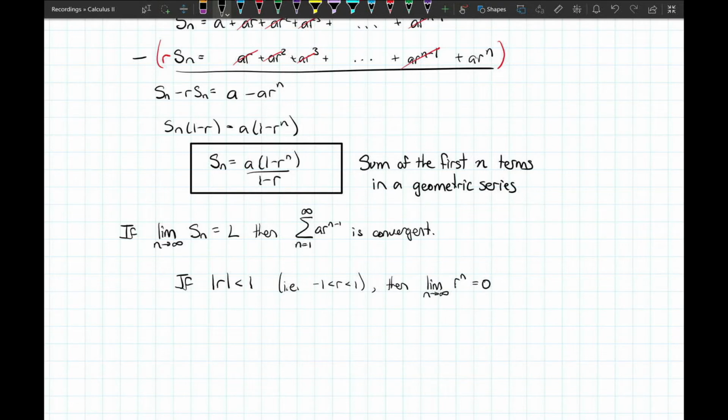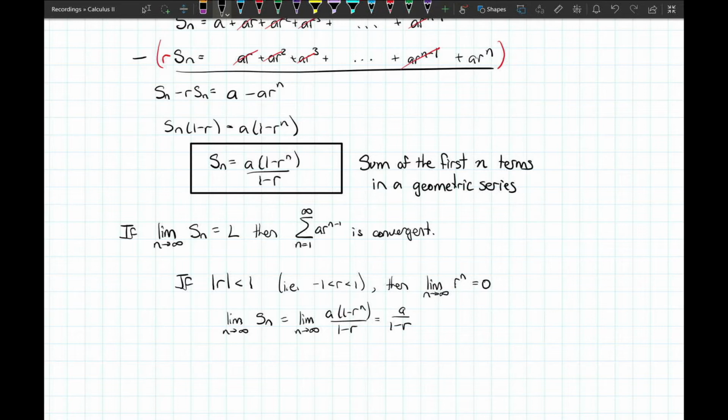If the absolute value of r is less than 1, or in other words, r is somewhere between -1 and +1, but not equal to either, then r to the n goes to 0 as n goes to infinity, and we end up with the limit as n goes to infinity of our partial sums equaling a over 1 minus r.